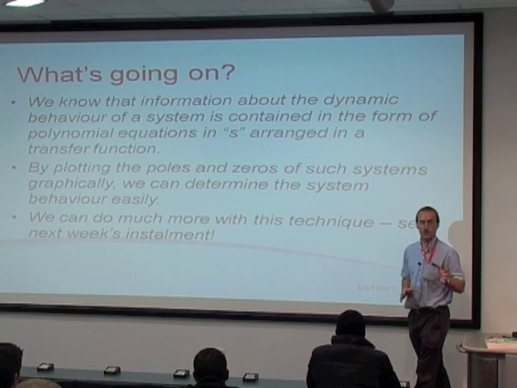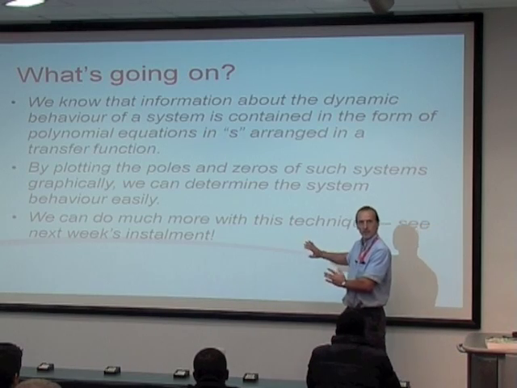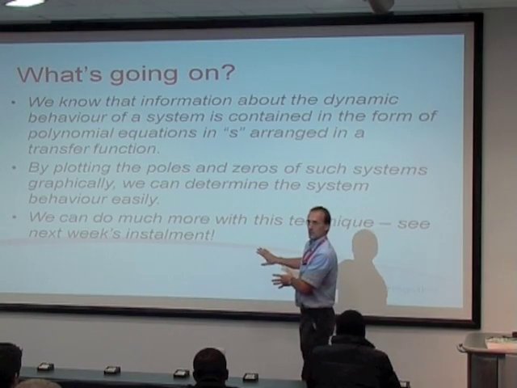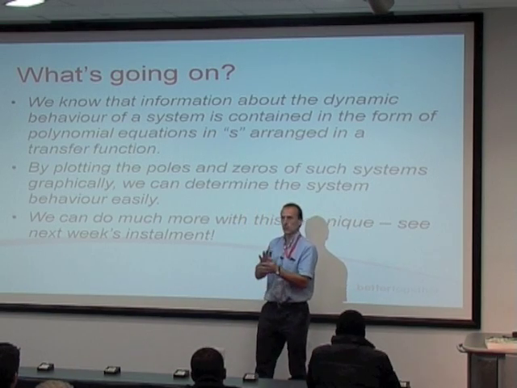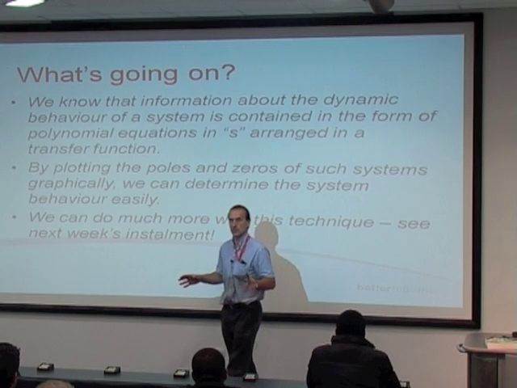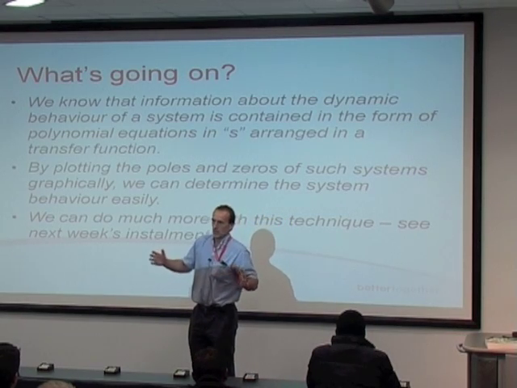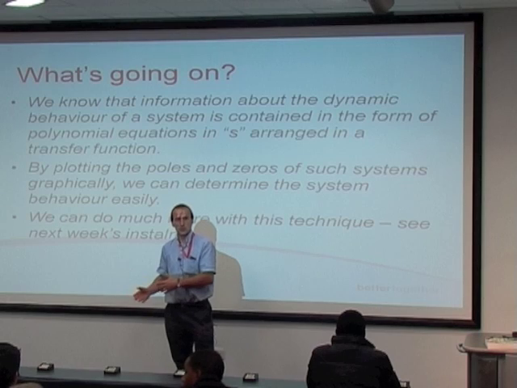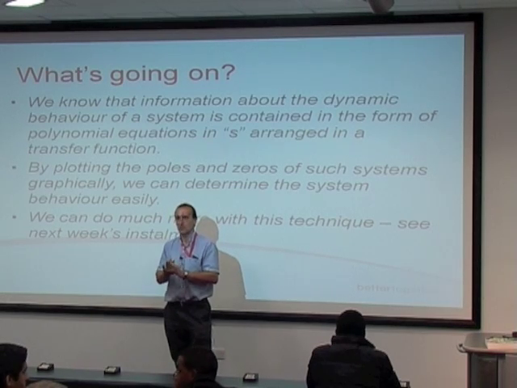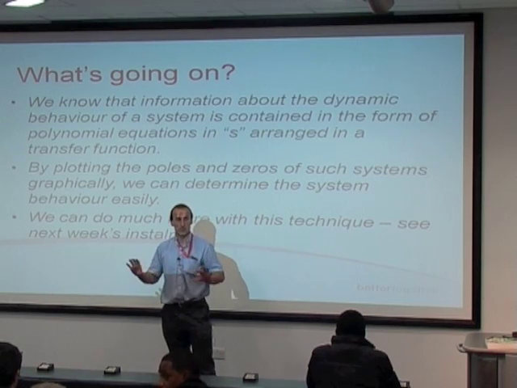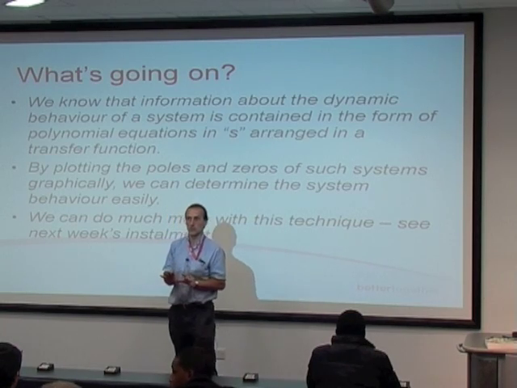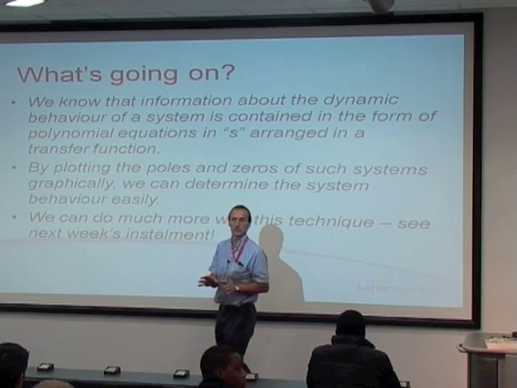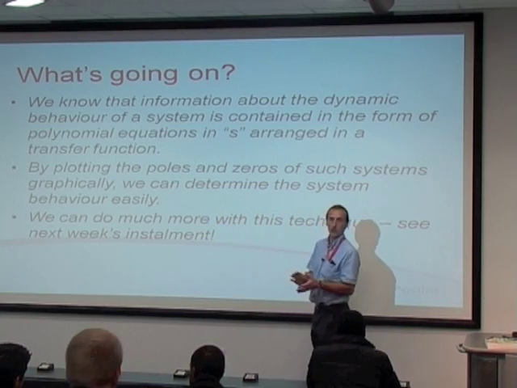You'll notice, by the way, that I've cunningly ignored zeros at this stage. That's fairly deliberate, in that all the things that we've talked about until now, time constants, overshoots, all those sorts of things, that information is contained primarily in the denominator. I'll come back and talk to you about zeros next week or the week after. But for now, if you let me off the hook, that'll be handy.